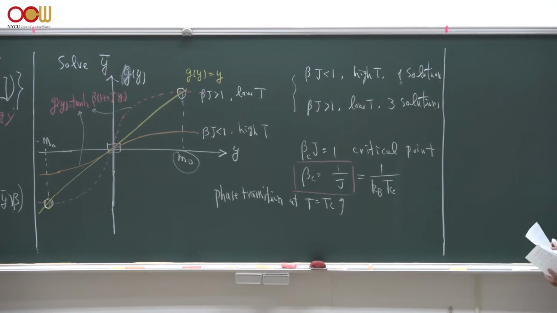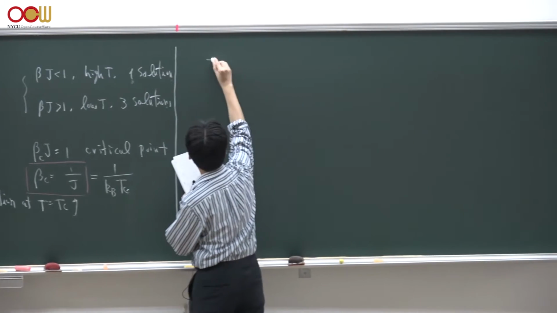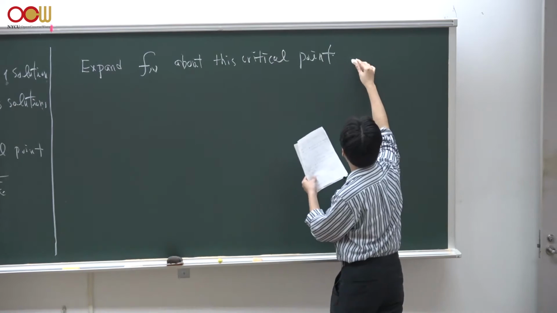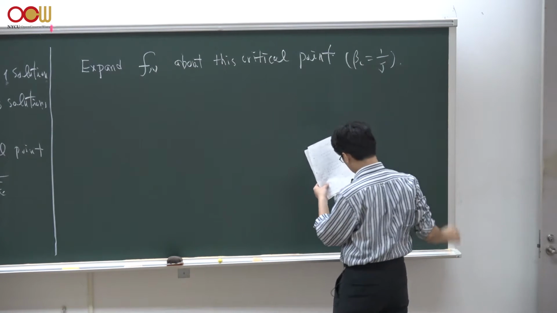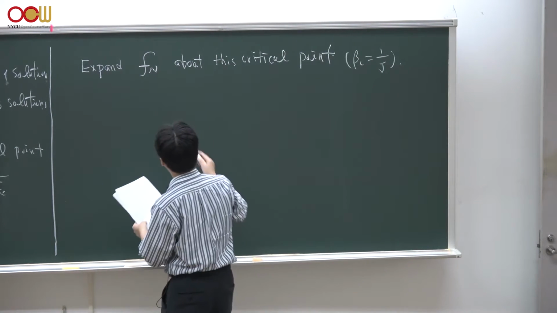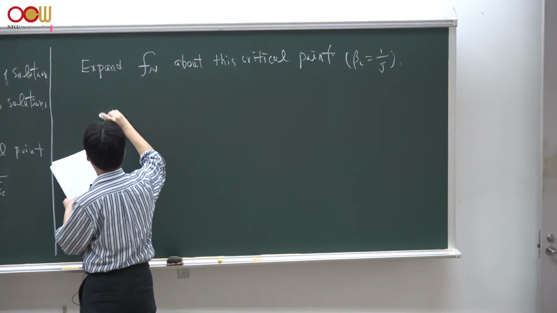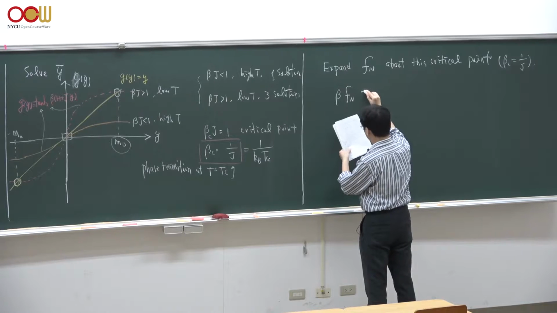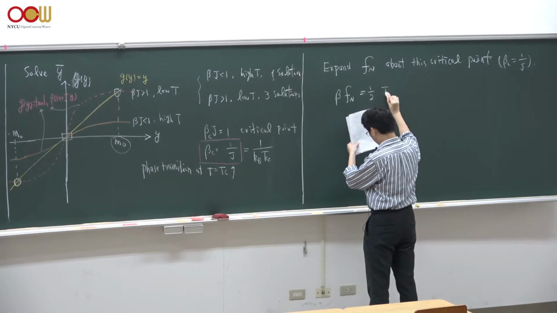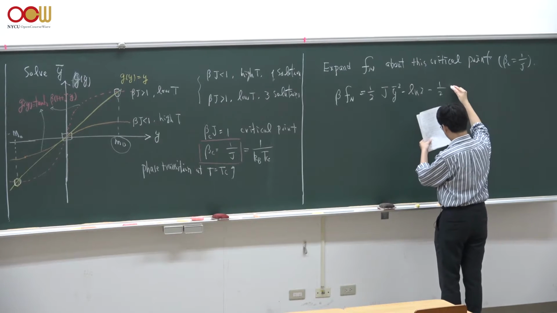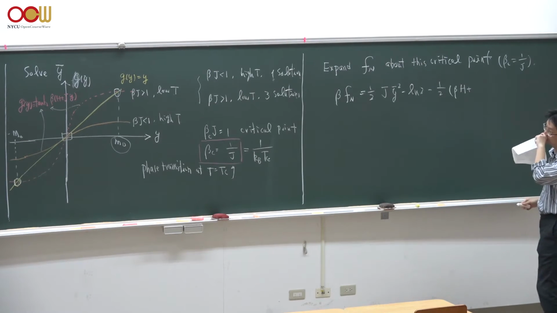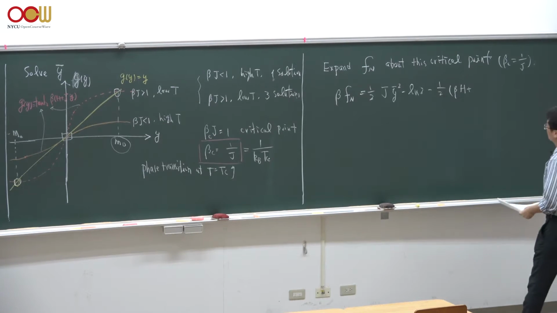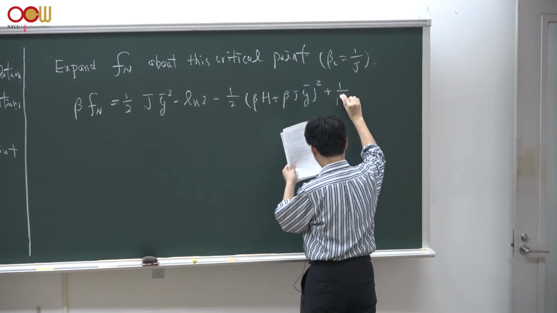We could expand this free energy F_m near this critical point. We Taylor expand the log hyperbolic cosh function near this critical point, and we find the following result.